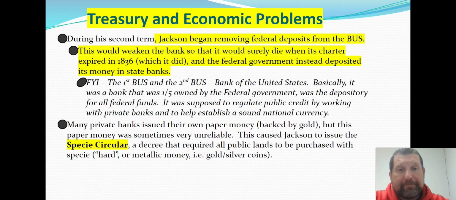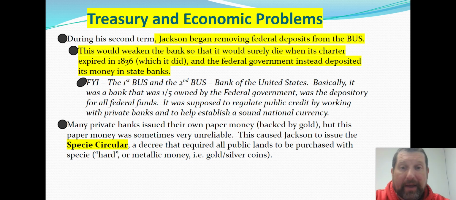And so we have, as I said, a self-inflicted wound, where there's going to be a lack of regulation over public credit. We're going to be left with a hodgepodge of private banks trying to manage, if you will, the nation's finances.